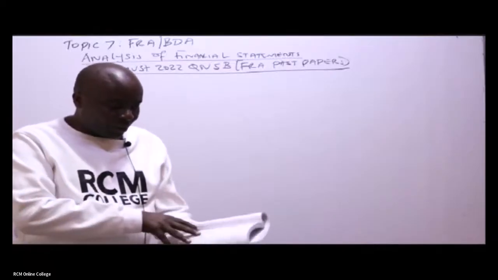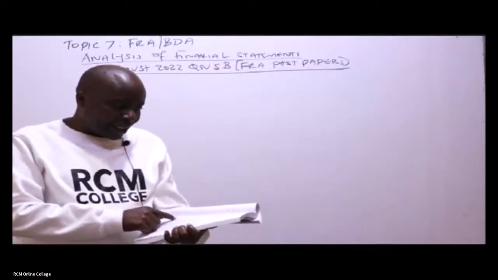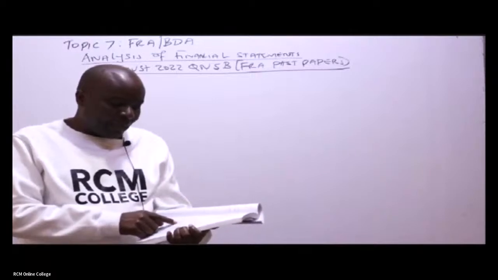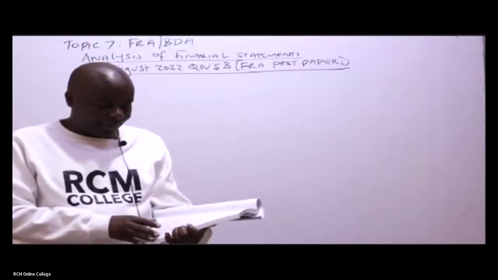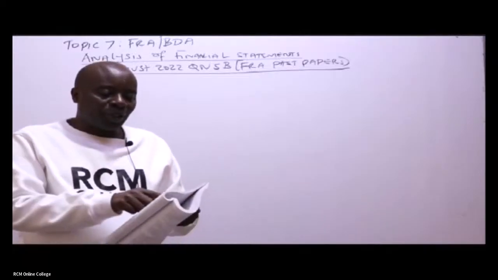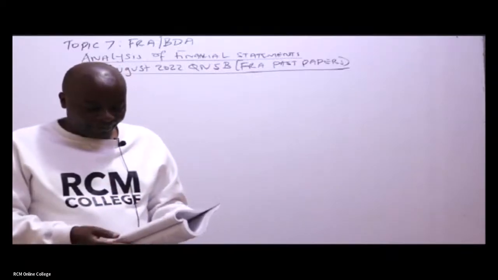Great. So we are told here, I can see the P and L for the two companies, AB and CD Limited. Then I can see the statement of financial position for the two companies again, AB and CD Limited.